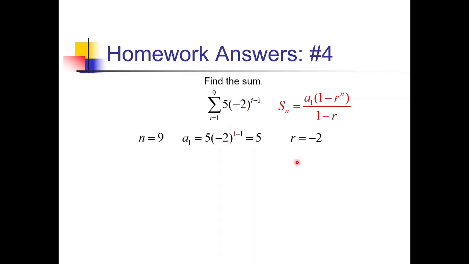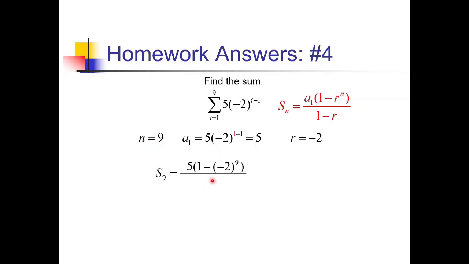Okay, let's plug all that in. So we have the a value 5 up here. And this will actually be s of 9. There we go. So we've got 5, and then we've got 1 minus, this is going to be the r value -2 raised to the n value 9.